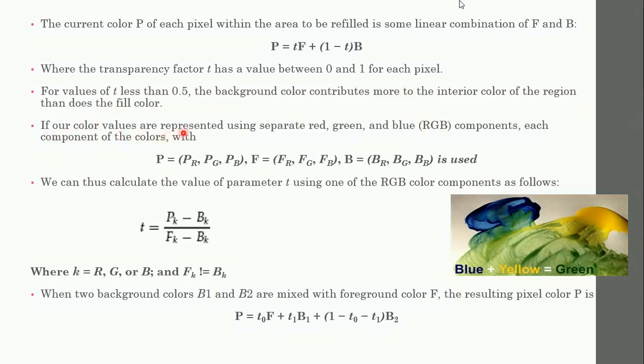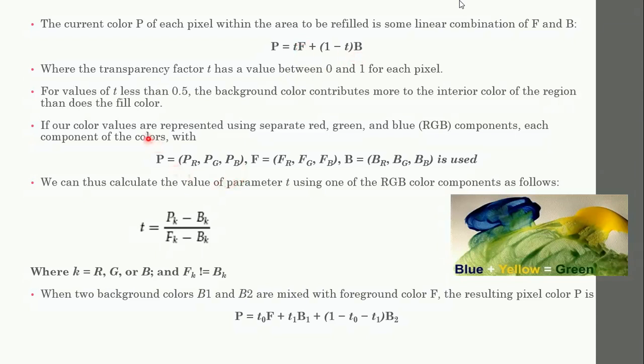If our color values are represented using separate red, green and blue, that is RGB components, each component of the color will have P equal to, that is P suffix R, P suffix G and P suffix B. This particular formula is used when you are going to use the three colors, that is RGB components. In the previous formula you can use only two colors, that is foreground color and background color.